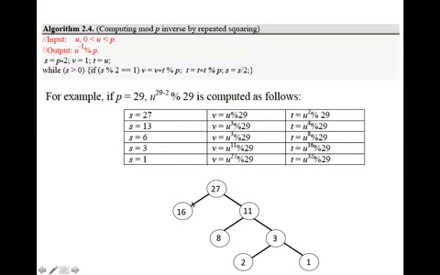So 27 is 16 plus 11. And you apply the same algorithm to this node now. What is the highest power of 2 that will be contained in 11? That's 8. And so you find the highest power of 2, and then add it to what is left.